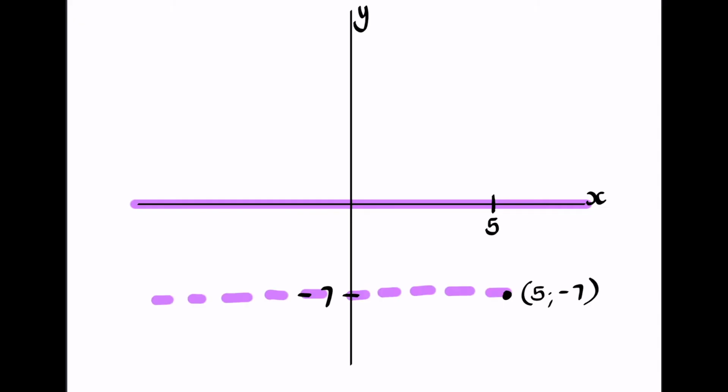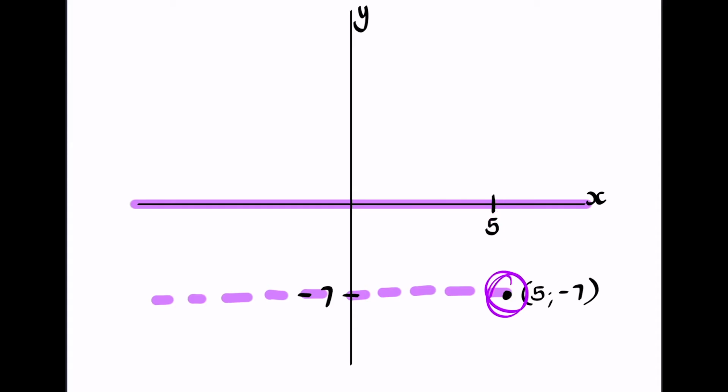If I have this horizontal line, that means that anywhere on that horizontal line, the x coordinate would be able to change. So over here, I have an x coordinate of, say, 5. Over here, I could have an x coordinate of, let's say, 4. Over here, the x coordinate would be 0. Over here, the x coordinate could be negative 8.